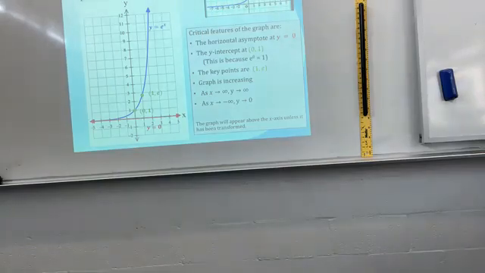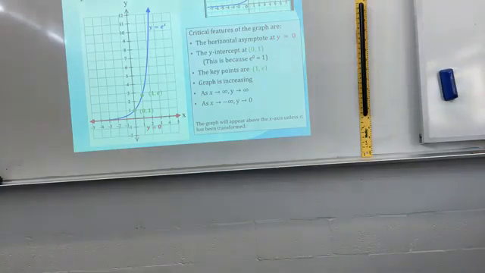When x is 0, what happened? E to the power of 0 is 1. So it's 0, 1. Then the other key point is 1, e. Oh, sorry, when x is 1, y is e. Wrong way. X is 1, y is e.